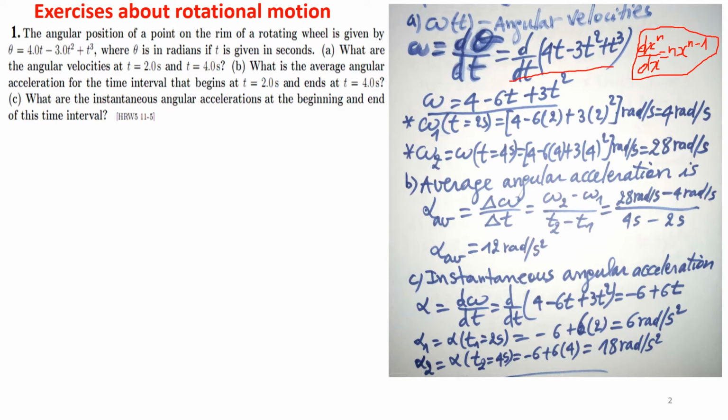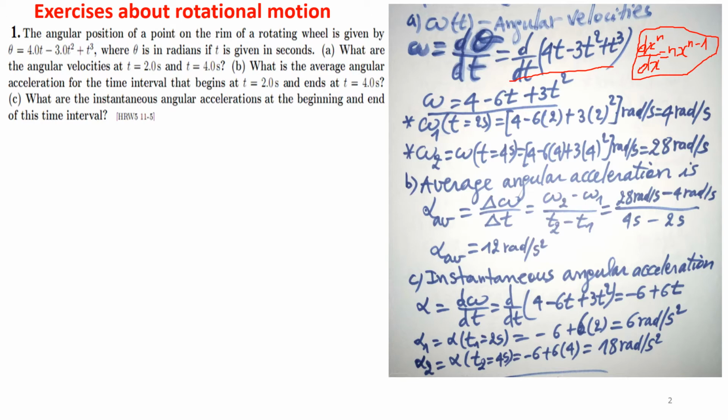And then you will see that the angular velocity will be equal to 4 minus 6t plus 3t squared. Here, t has a power 1. 1 times 4 gives 4. t to the power 1 minus 1 gives t to the power 0, and any number to the power 0 gives 1.